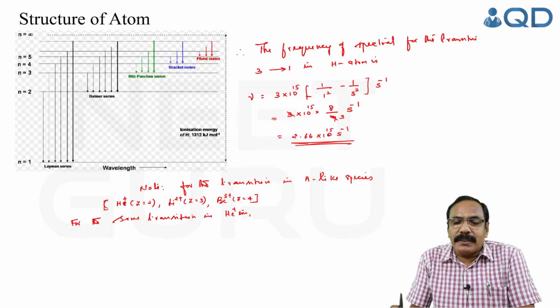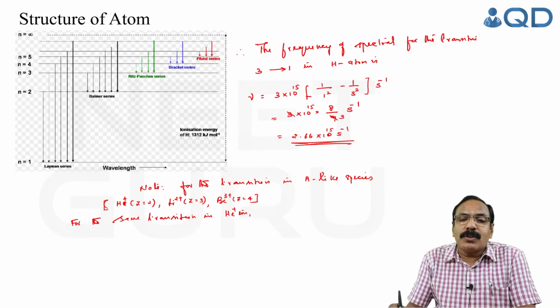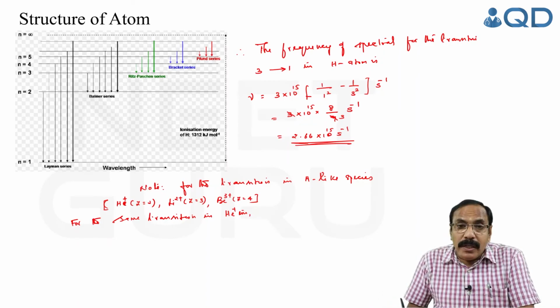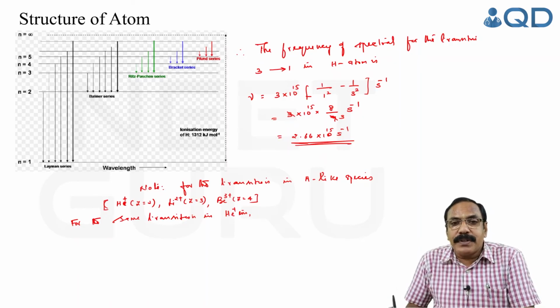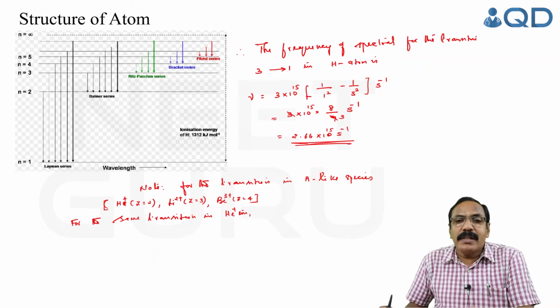A particular transition in the hydrogen spectrum is given. The wave number or the frequency will also be given. What is the corresponding frequency for the same transition of helium plus or lithium 2 plus? The only thing is you multiply with Z square.